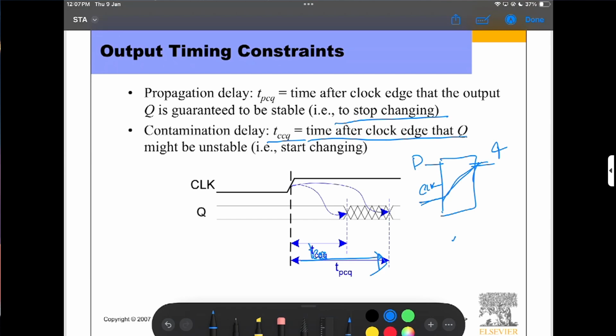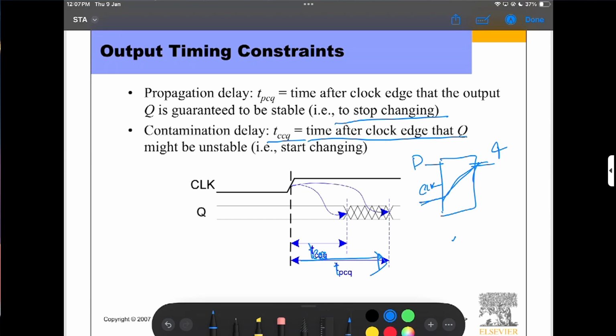This is actually of two types: one is propagation and one is contamination. Basically, the propagation delay is the maximum delay needed for my circuit to be stable.